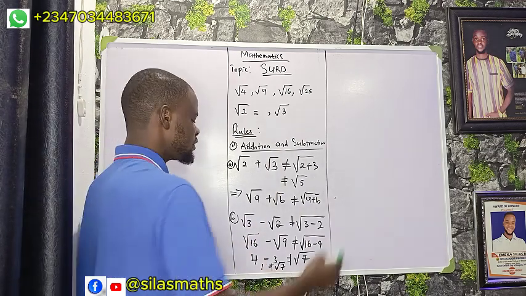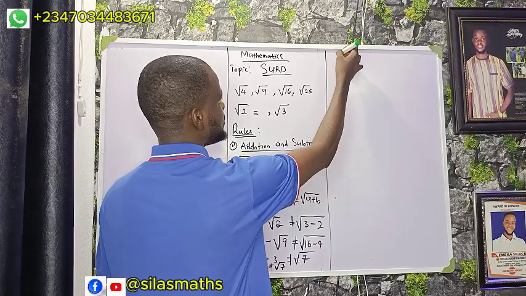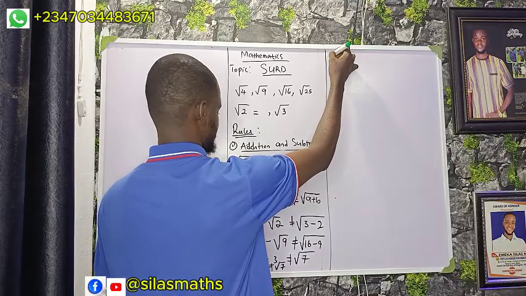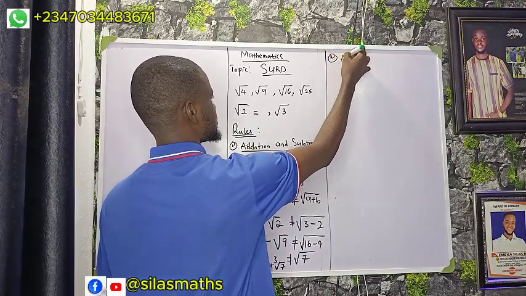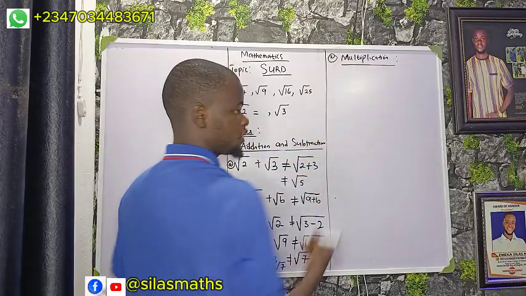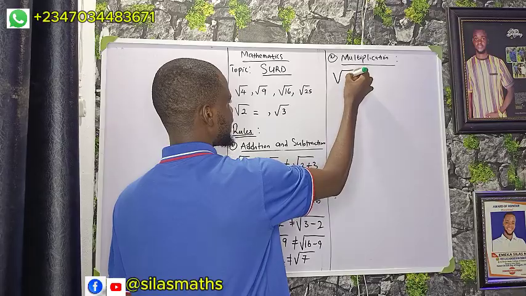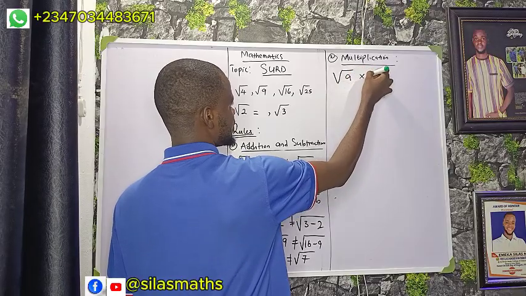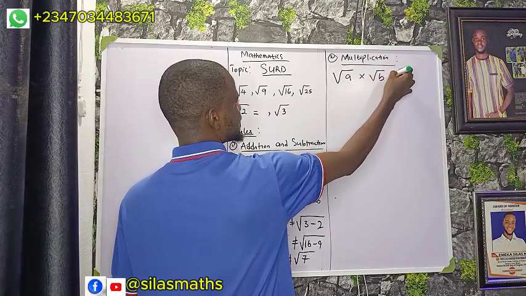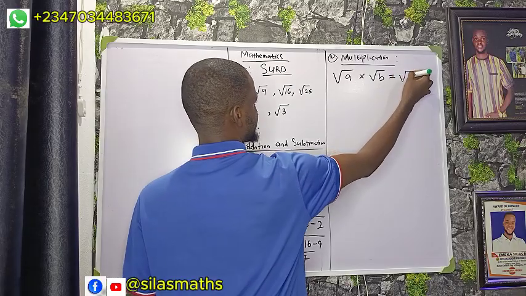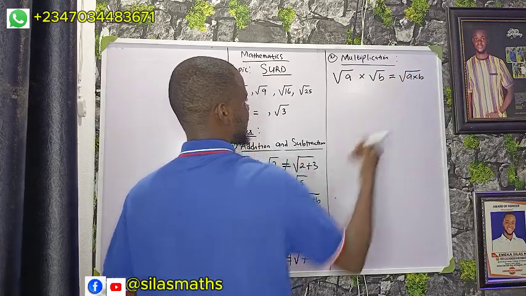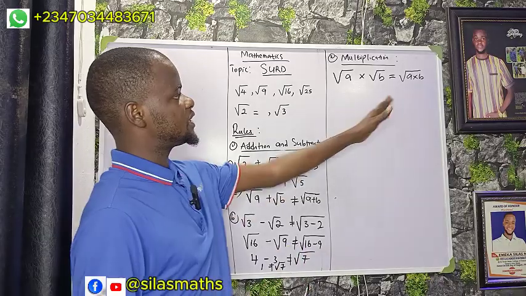So also, let's talk about multiplication. The rule of multiplication states that when we have root of A and root B, this is equal to square root of A times B. So I can express the product in this form.